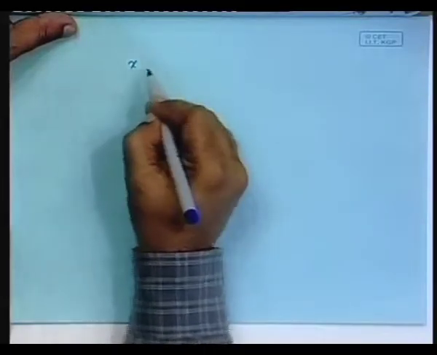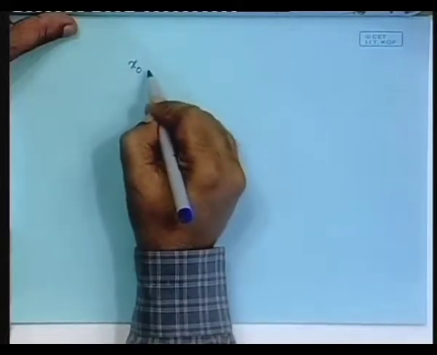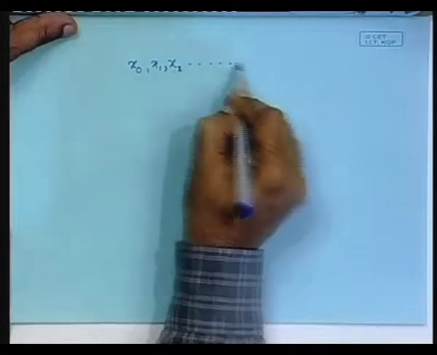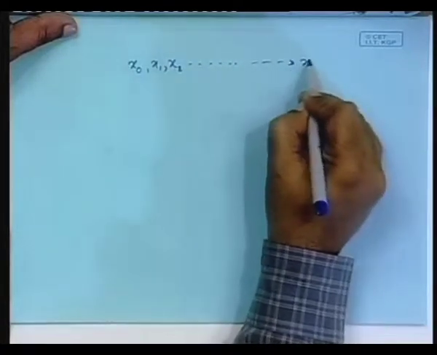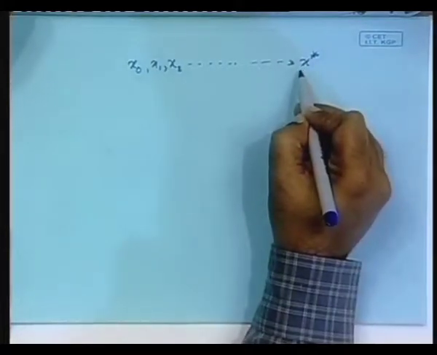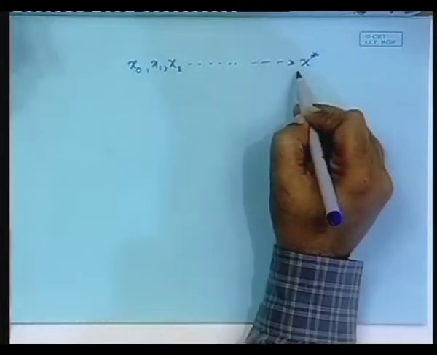One is that where it converges, suppose the sequence x0, x1, x2, and so on and so forth ultimately converges to x star, and we need to prove that it is a fixed point. Fixed point means x star is equal to T x star. We need to prove that.